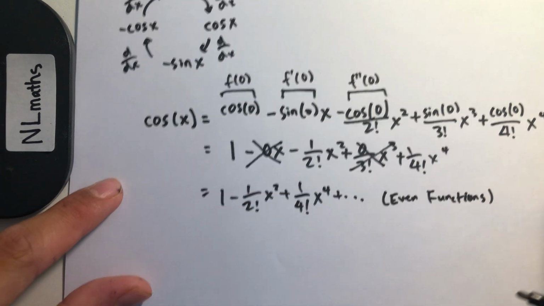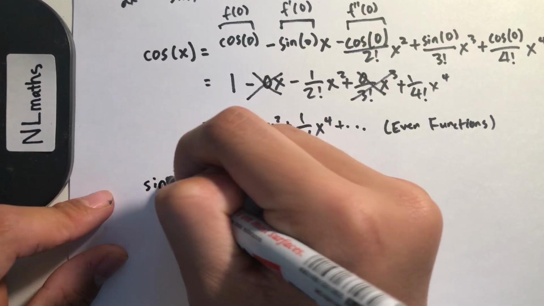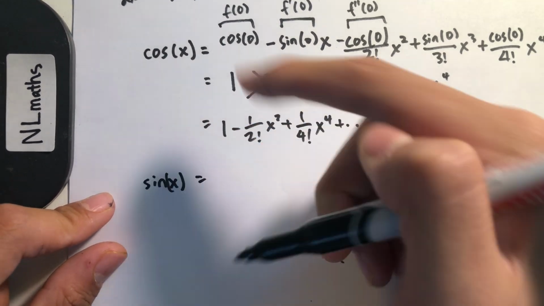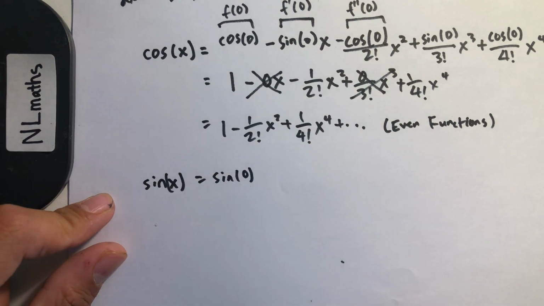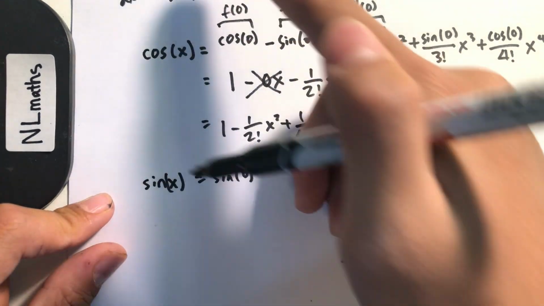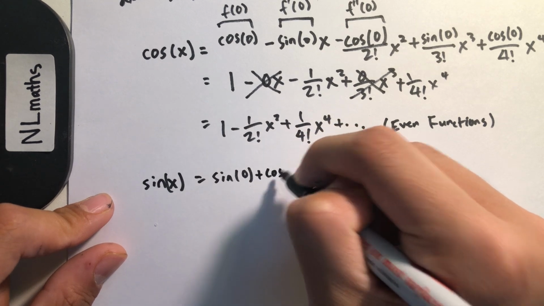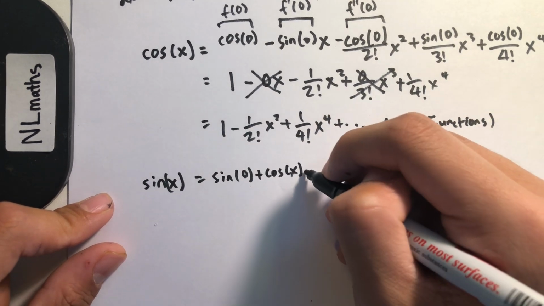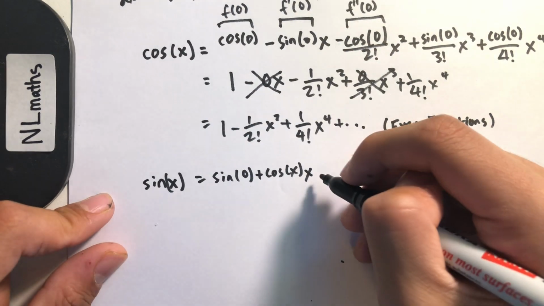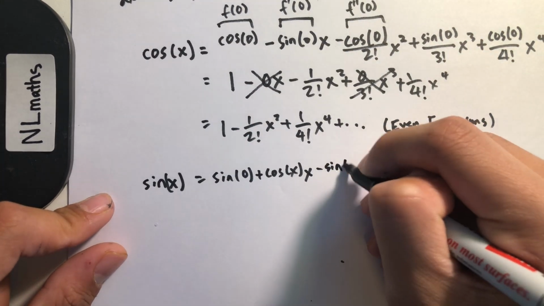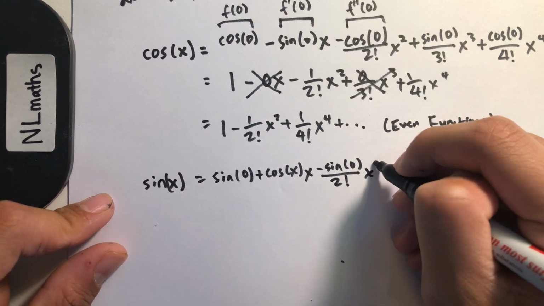So now let's look at sine of x. And then f of 0, sine of 0, is just sine of 0 over 0 factorial times x to the 0. And then the derivative of sine is cosine over 1 factorial times x to the 1. And that's going to be negative sine now, over 2 factorial x squared.